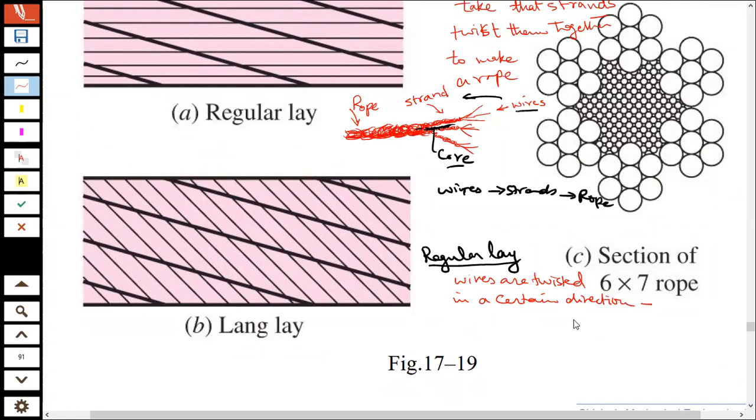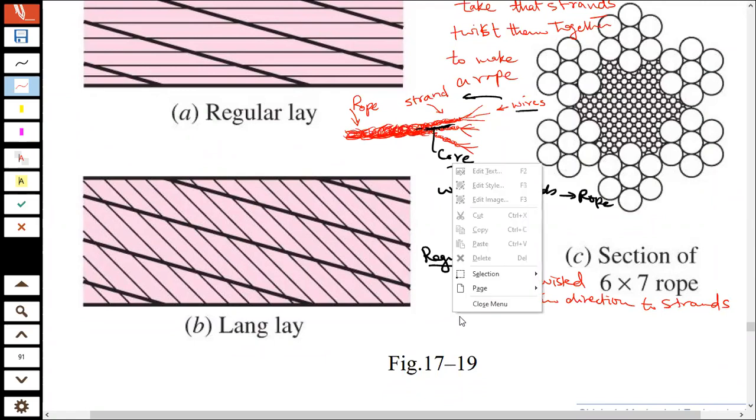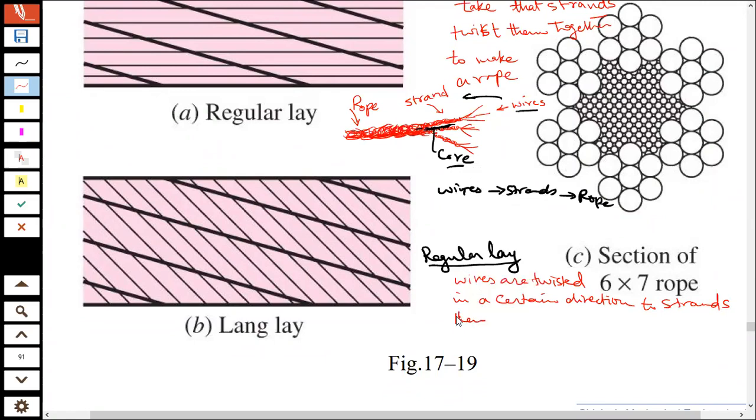And then to make strands. And then you take these strands and then these strands are twisted in the opposite direction.